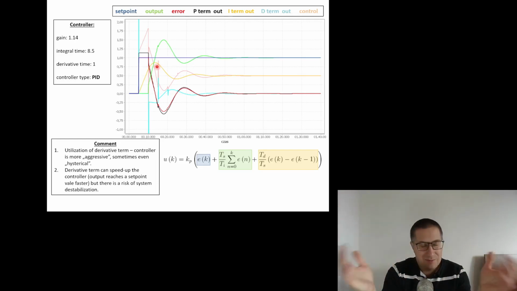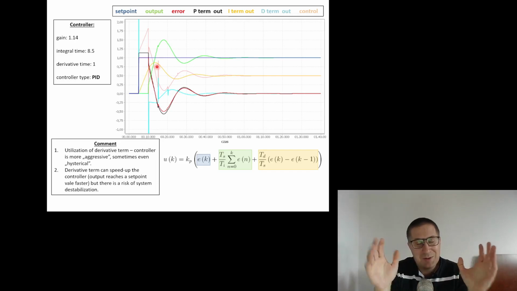Of course, it will happen like this only if we set a very aggressive gain of this D term. But I would like to explain this topic to you so you can understand why we should avoid this in the plants.